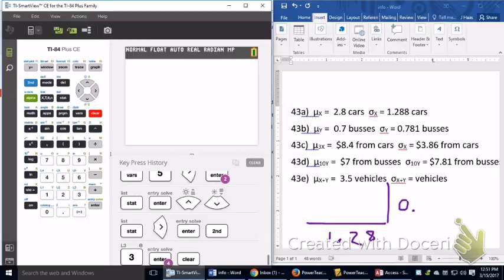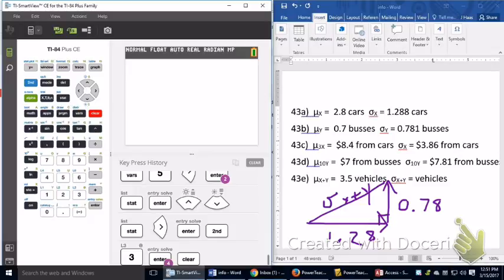You can graph these if these vectors are independent, and the problem did tell us the number of cars and buses were independent. Then the standard deviation of x plus y will be that third side of the triangle. So if they're independent, I know they're orthogonal, or they basically make a right angle. So all I really need to do is use the Pythagorean theorem to get that new standard deviation.